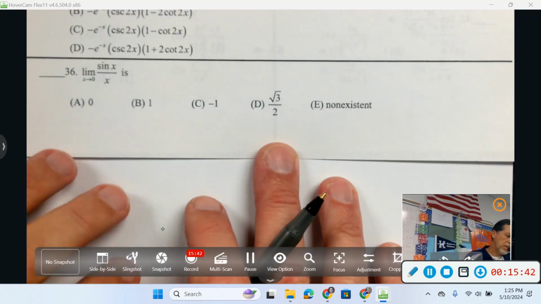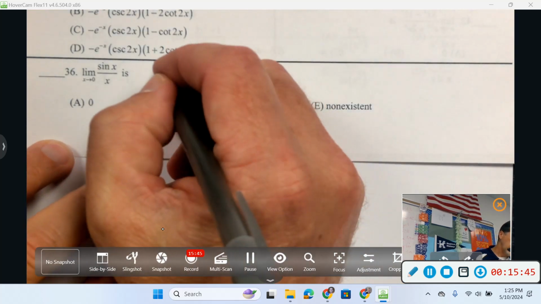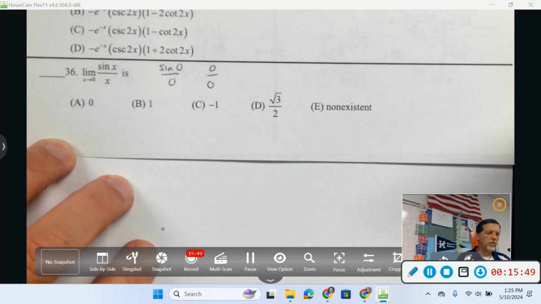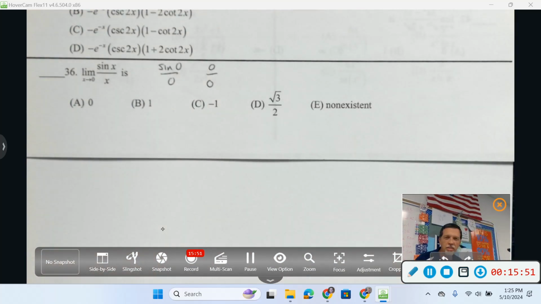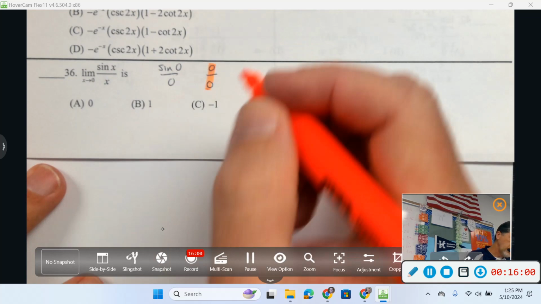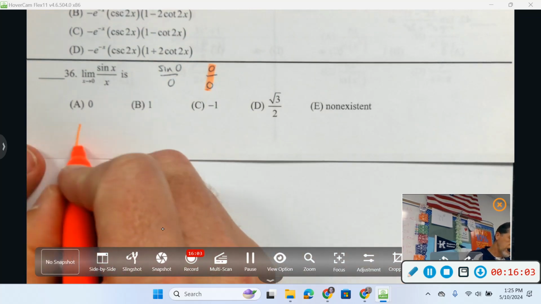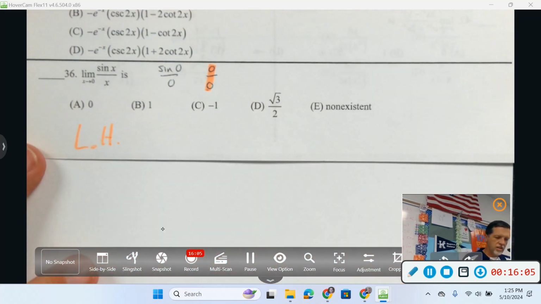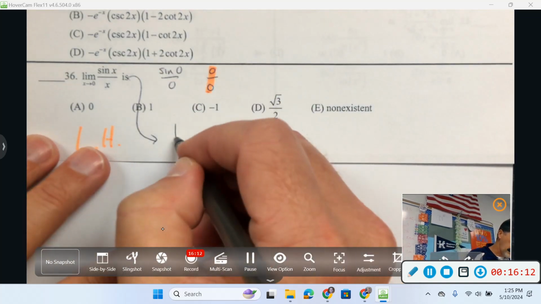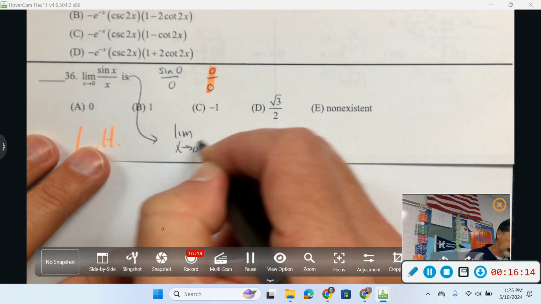36. Limits. I'll plug in first and see what happens. But that's 0 over 0. I can't deal with that. That one's not eligible to be factored or any of the other algebra tricks. So what is supposed to be triggering in our brain here when we see 0 over 0? Well, yeah. L'Hopital. L'Hopital is a rule. So limit as x goes to 0.